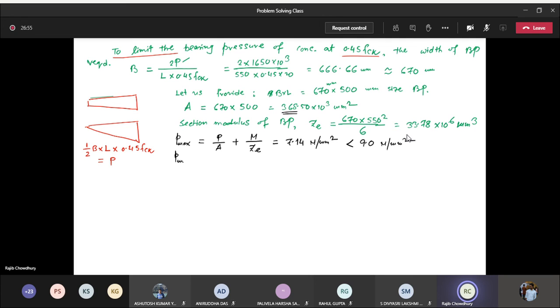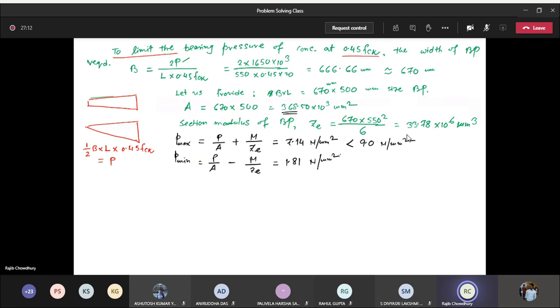Similarly, we can calculate the P min, which is the P upon A minus M by ZD, which is becoming here 1.81 Newton per mm square.